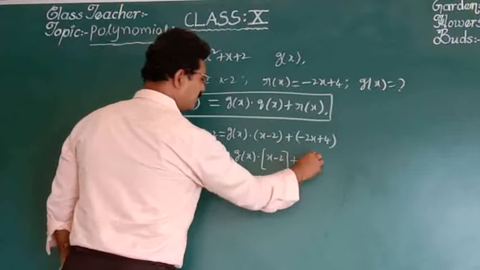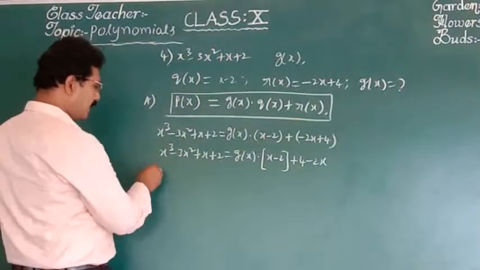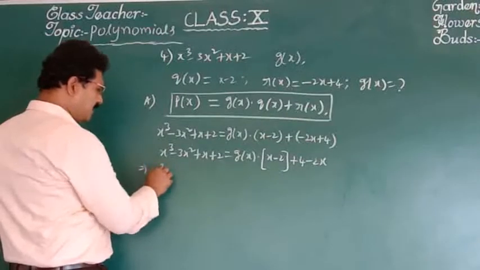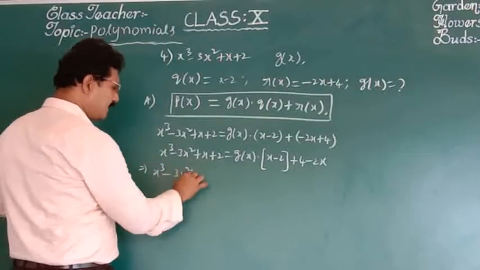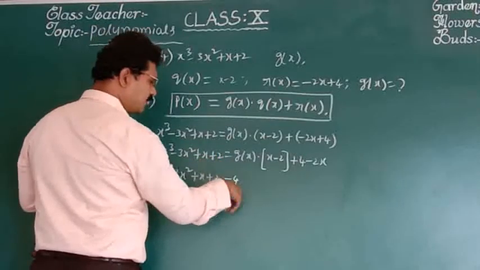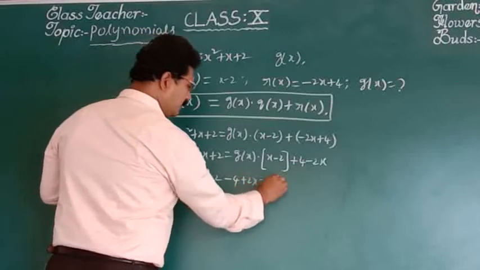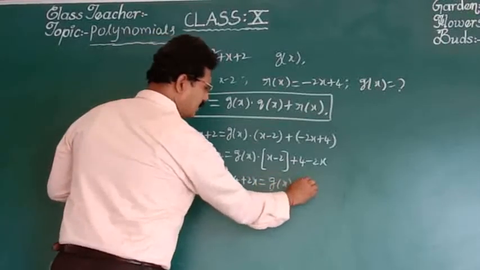This can be written as plus 4 minus 2x. Now x cube minus 3x square plus x plus 2, the plus 4 comes to this side as minus 4, and minus 2x comes to this side as plus 2x, is equal to g of x into x minus 2.